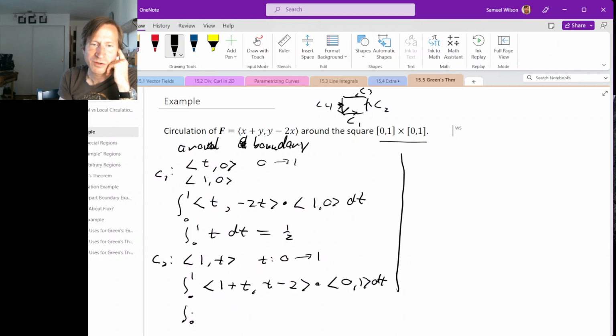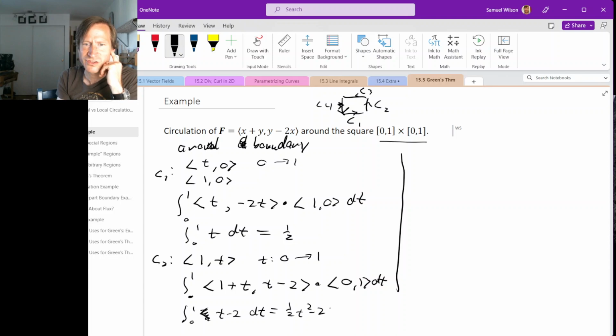So when we do the dot product, we get just t minus 2 dt. When we integrate that, we get 1/2 t squared minus 2t from 0 to 1. So that's 1/2 minus 2, that's minus 3/2.